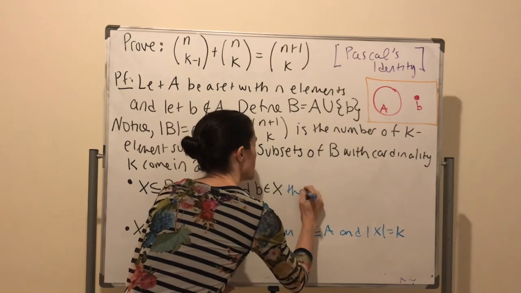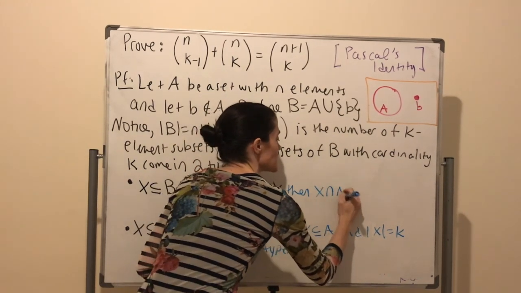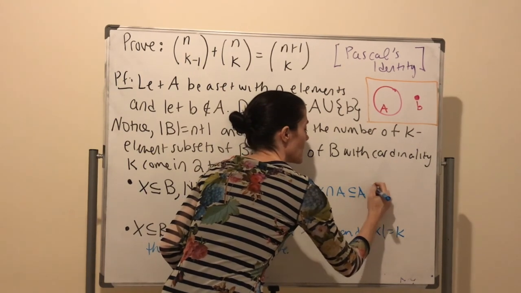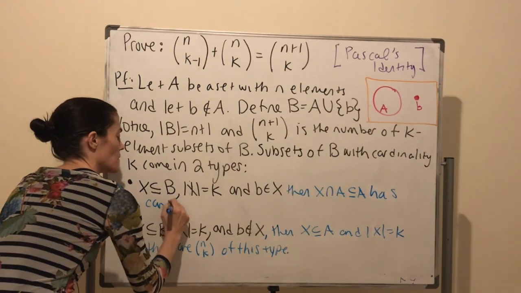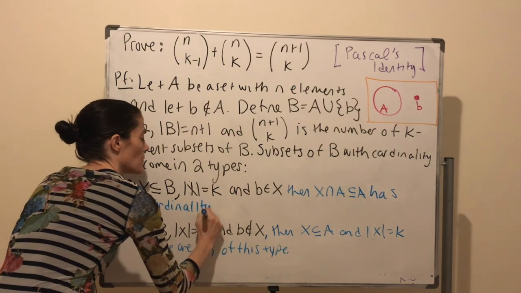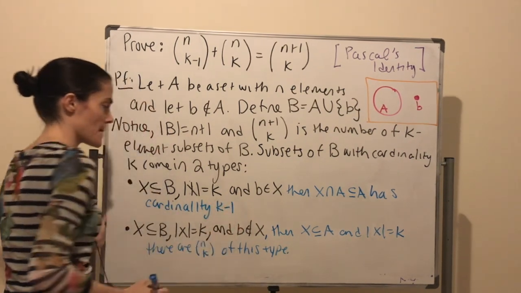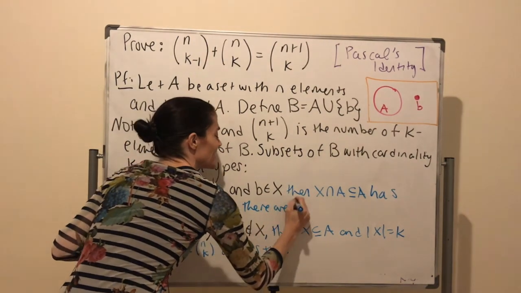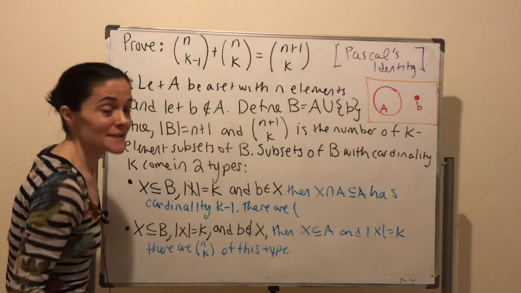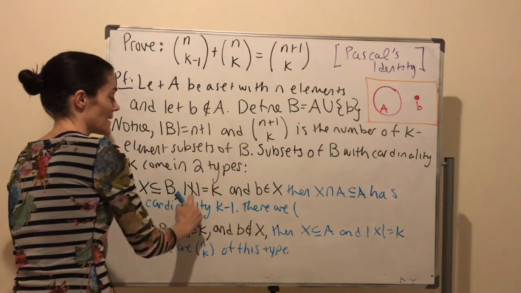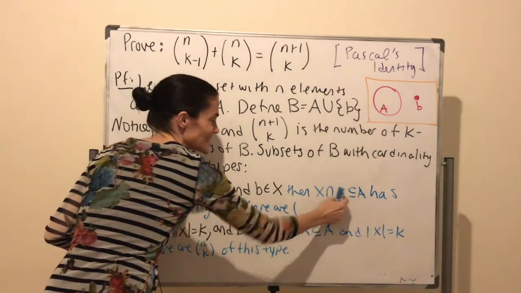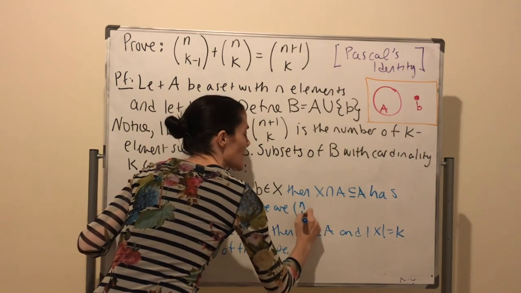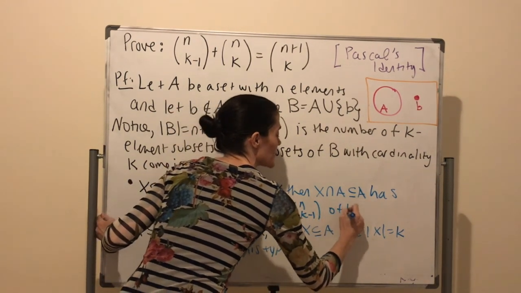So then X intersect A, certainly this is a subset of A, and this has cardinality k minus 1. And there are, again, A has n elements. Each X like this corresponds to one of these. So there are n choose k minus 1 of this type.